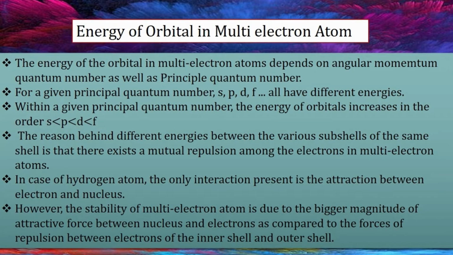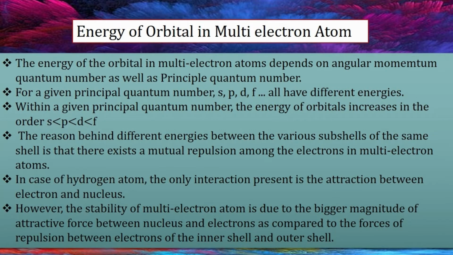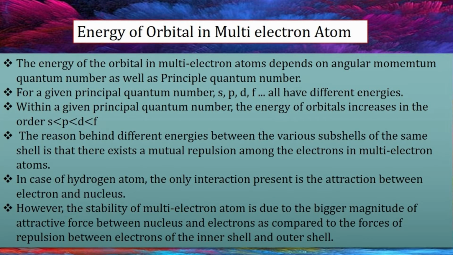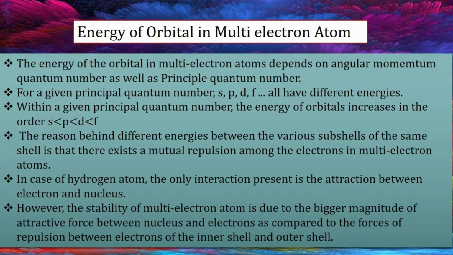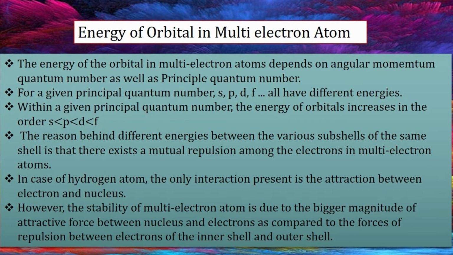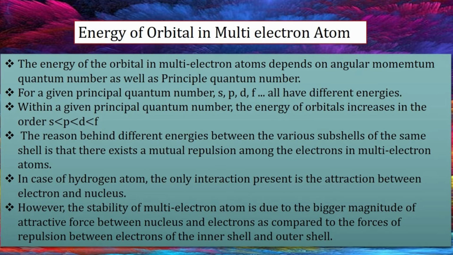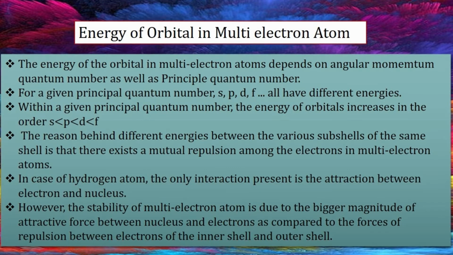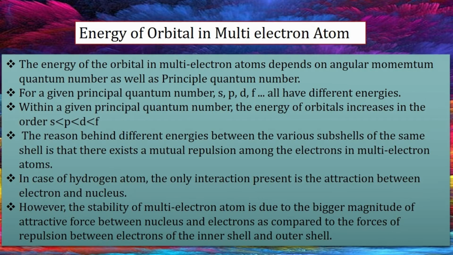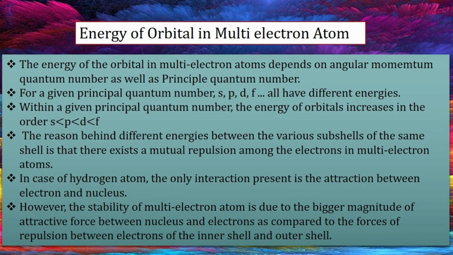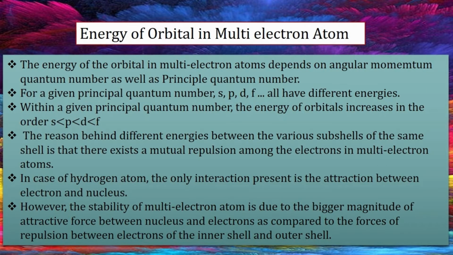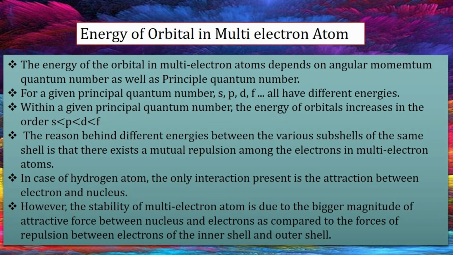For example, 2s and 2p orbitals have different energies. The subshells with n equal to 3, that is 3s, 3p and 3d, have different energies. Similarly, the subshells for n equal to 4, that is 4s, 4p, 4d and 4f, have different energies.